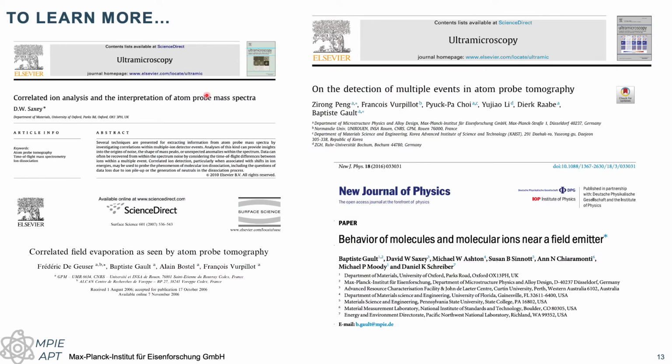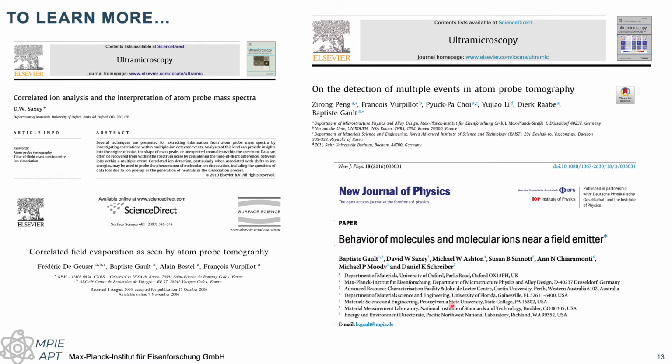I invite you to dig deeper into these types of processes, for example, looking at the paper from David Saxey, where he introduced these dissociation plots or correlation histograms. There are also some of the works that Zhirong did, where she looked at this detection of multiple events and the way they're distributed on the detector in time and space.